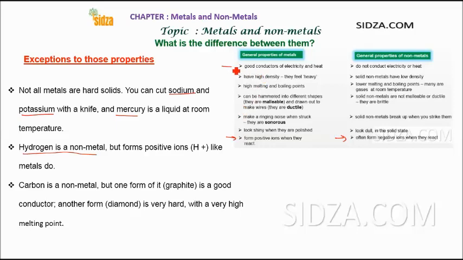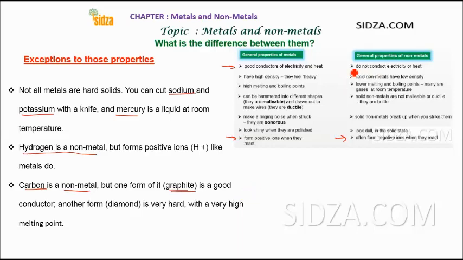One more exception. We discussed that metals are good conductors of heat and electricity, while non-metals do not conduct electricity. But carbon is a non-metal and one of its allotropic forms, graphite, can conduct electricity. So this is an exception.